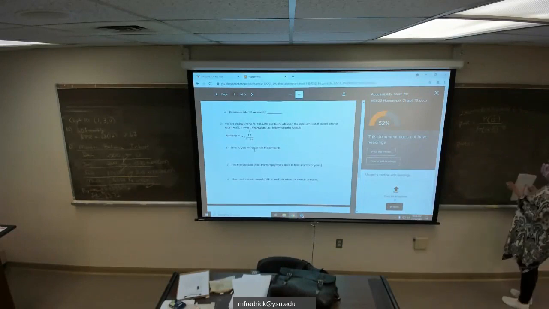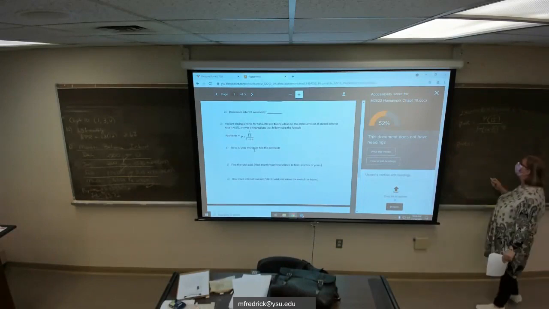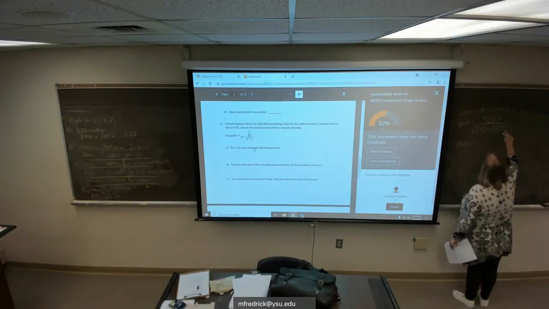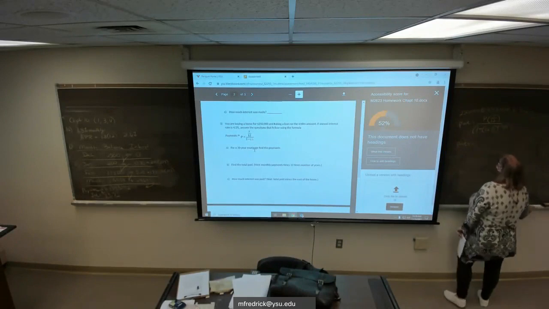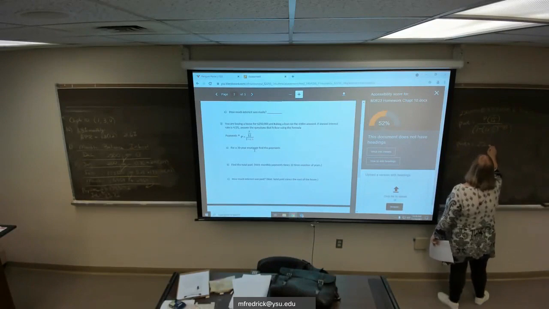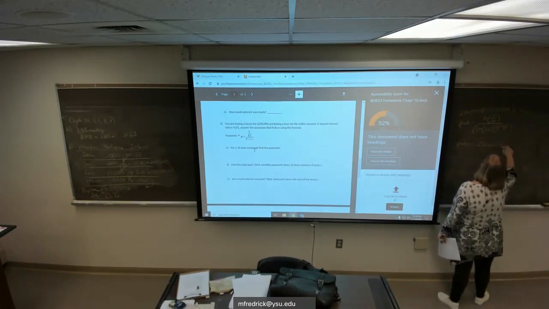Now, doing it all at once, parentheses here. And if you're not multiplying this first, you'll have to have parentheses. P is the starting amount or the beginning of the loan, 250,000.